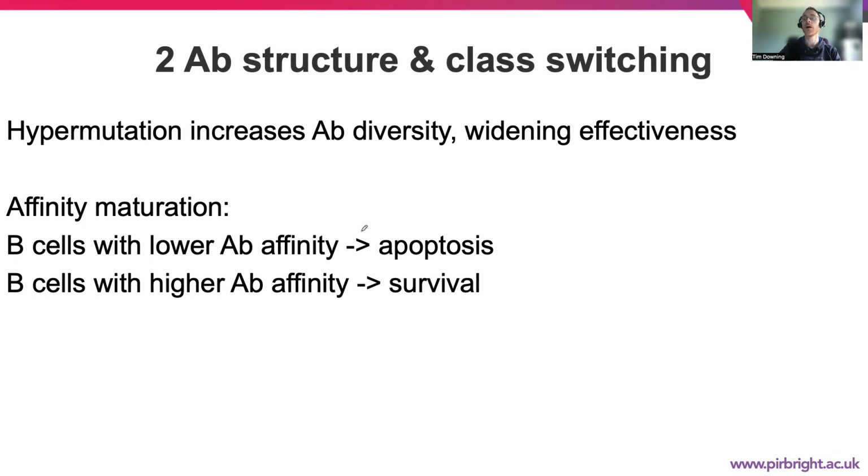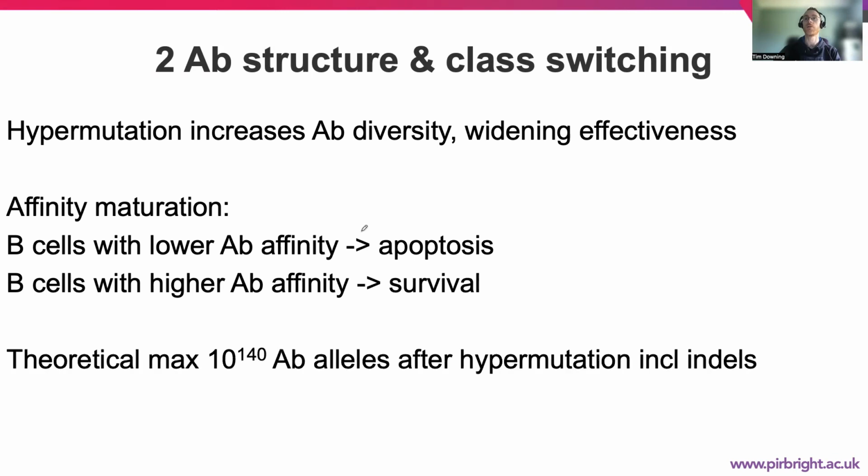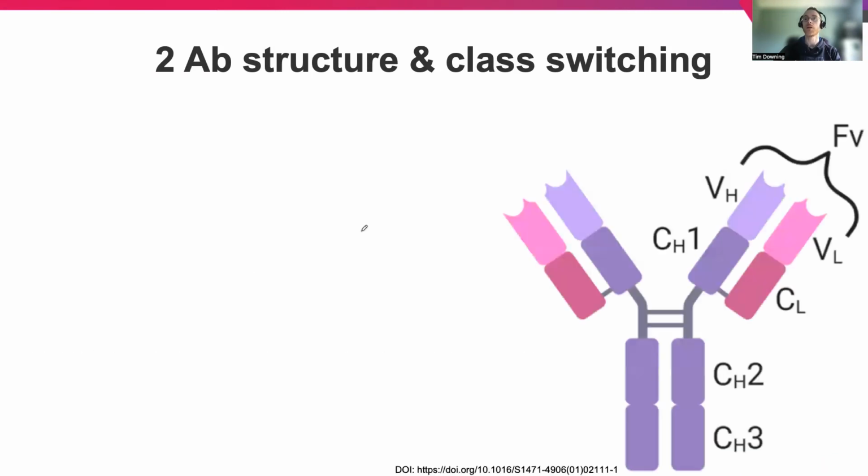When we consider the effects of hypermutation, we find that really diverse antibodies are made. Although they have this shared Y-shaped structure with the two heavy and light chains and the constant regions, heavy and light, there is great diversity there.